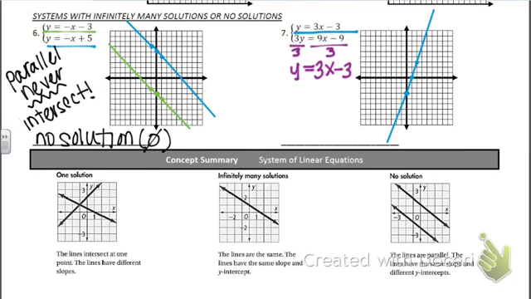Okay, what's going to happen when we graph that? What do you guys notice? It's the same line. Ooh, that's definitely not right. It's the same line. So how many times does the purple graph intersect the blue graph? Always. So we call that infinitely many solutions. Okay? So they always are touching.